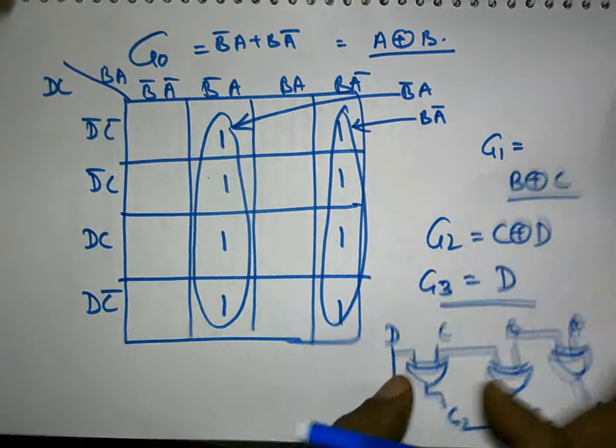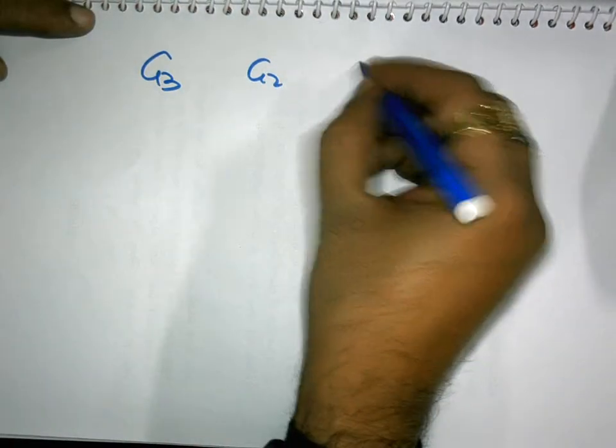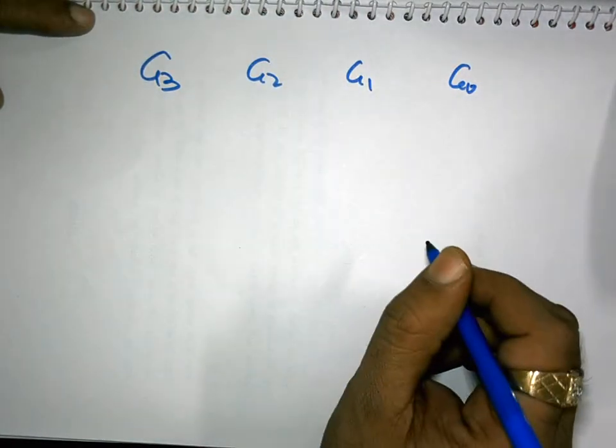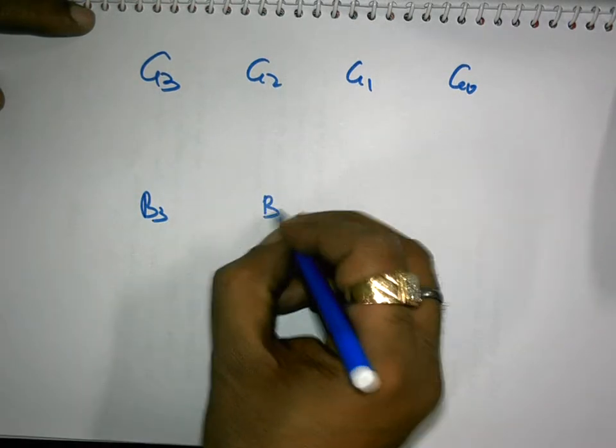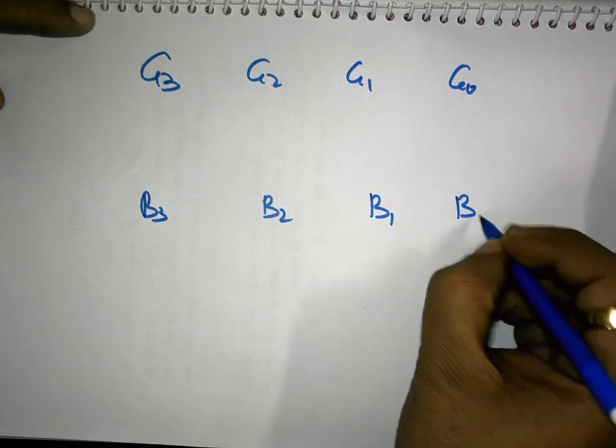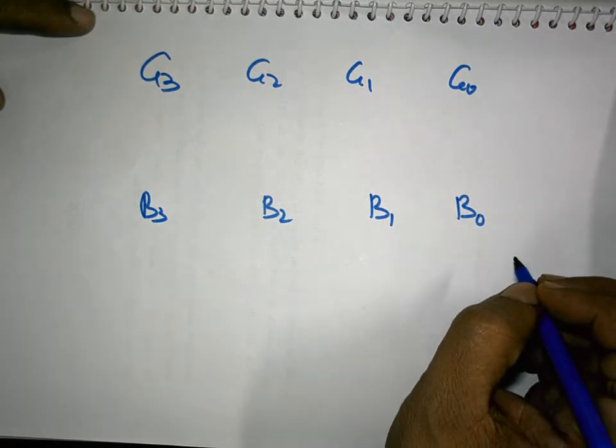And what is the logic while performing gray to binary? Now G3, G2, G1 and G0 are given to you, and you have to obtain B3, B2, B1 and B0.